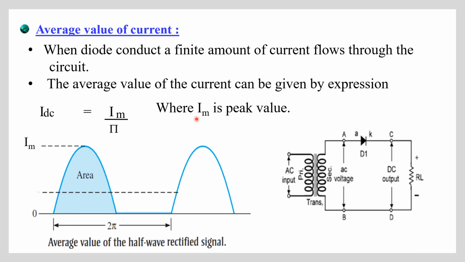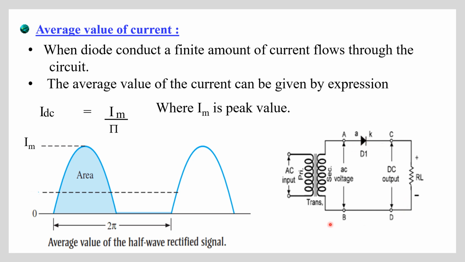Now, so far we have discussed the output waveform of the voltage, but whenever the diode is conducting, a finite amount of current will flow through the circuit.